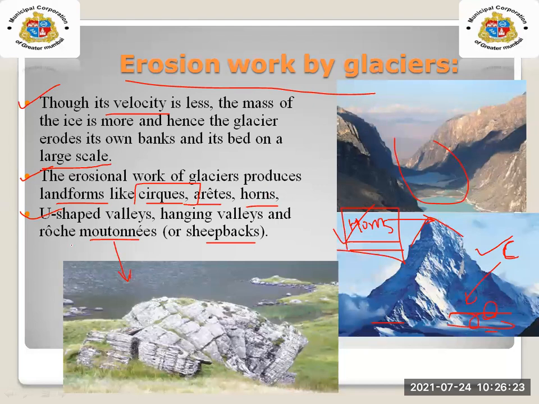Yes, and then they have also given the example of U-shaped valleys. Just as we have seen the V-shaped valleys, in the same way the U-shaped valleys and hanging valleys are the same. Yes, this was about the erosion work of glaciers.